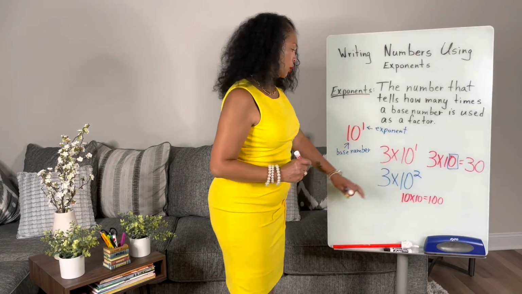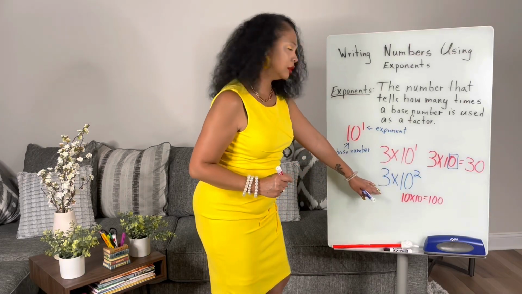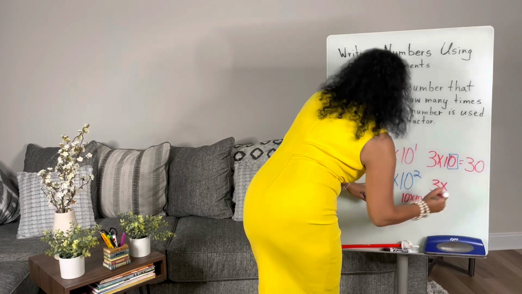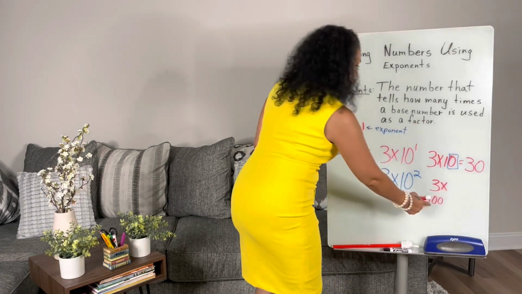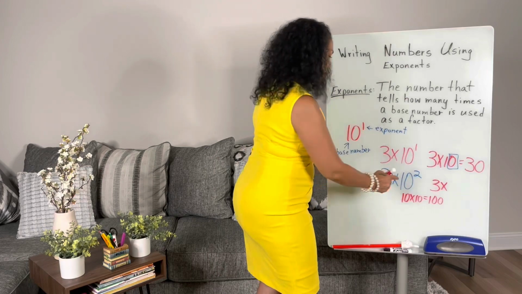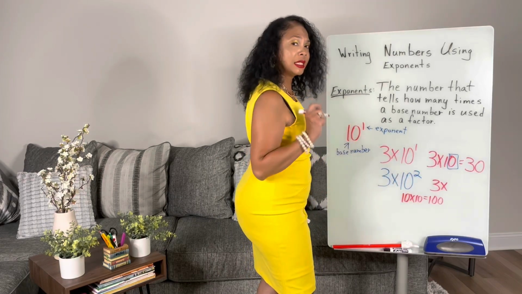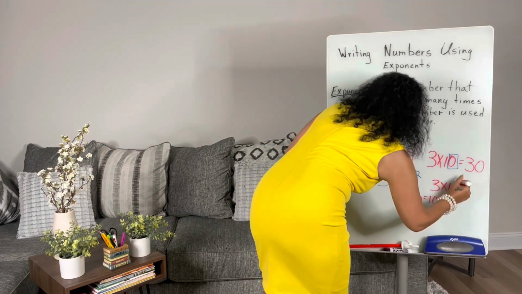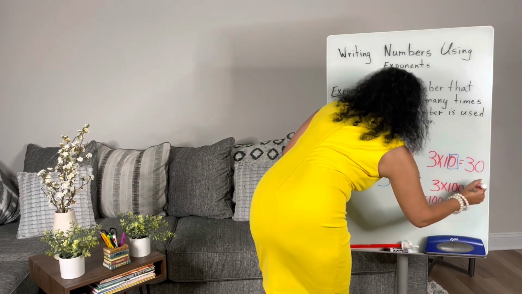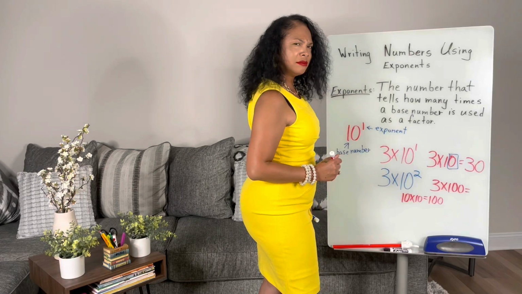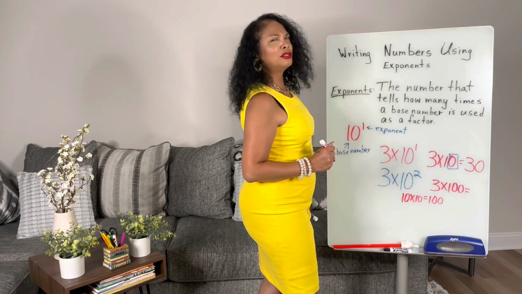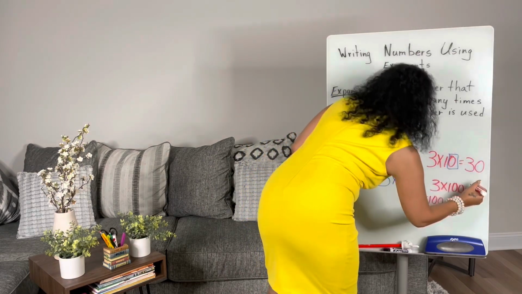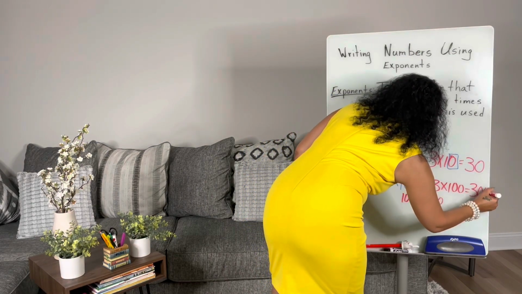So we're going to take our whole number, write it down, and multiply by 100 because 10 to the second power is the same as 10 times 10. So 3 times 100 equals how much? 300, you said? You are absolutely correct. 300.